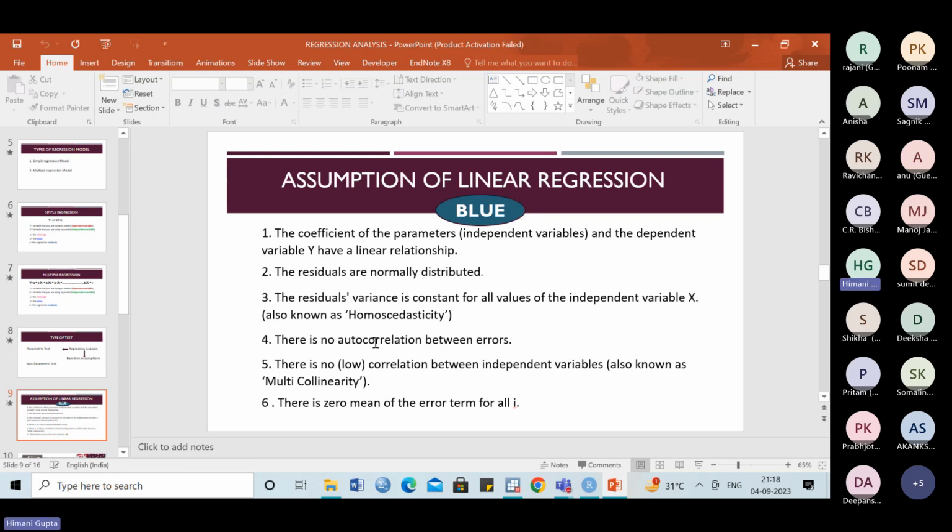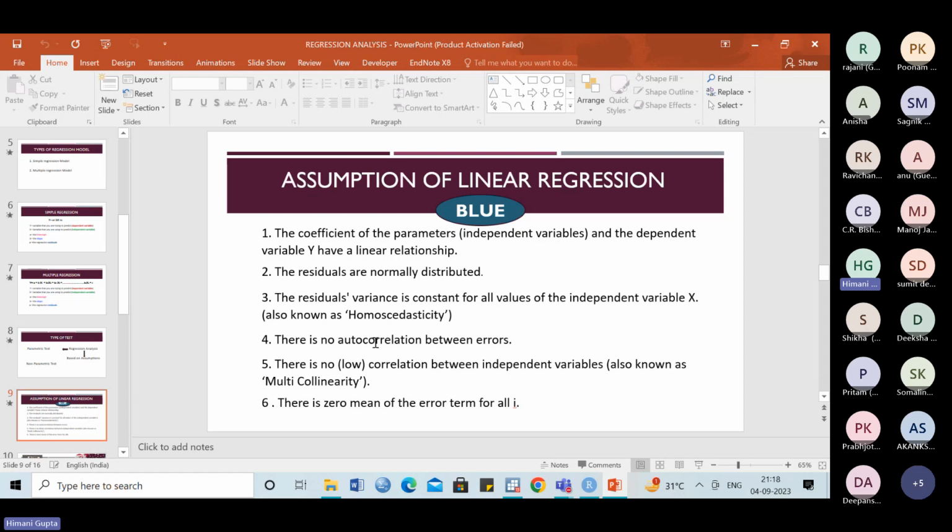What are errors? Errors are those terms which are not visible among the independent variables, which are hidden in the error term. So there are certain variables sitting in the error term. There should not be autocorrelation. That means one variable should not be related with its immediate lag or 2 days back lag or 2 months back lag.